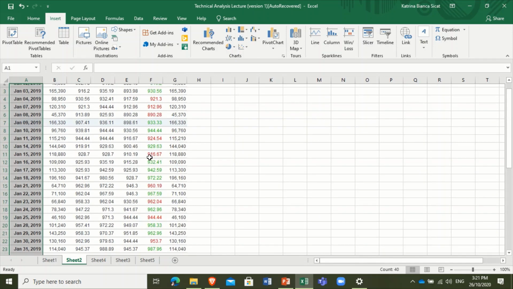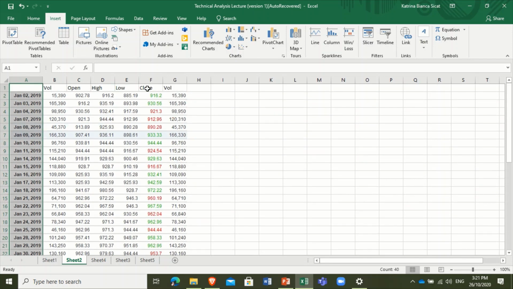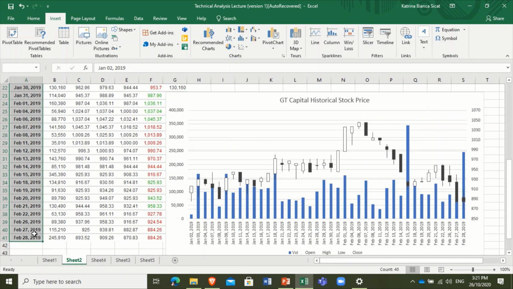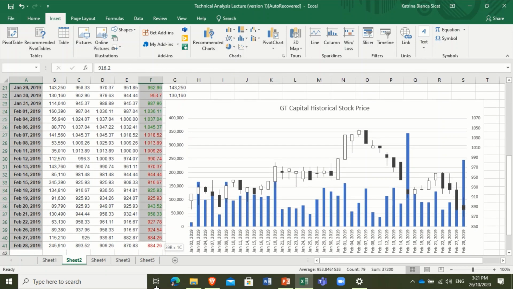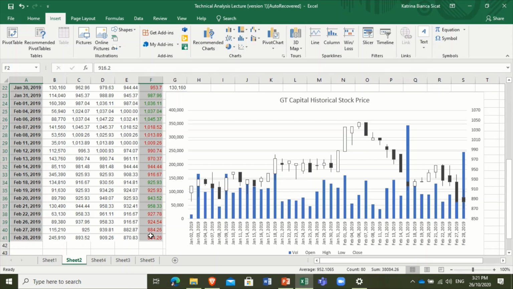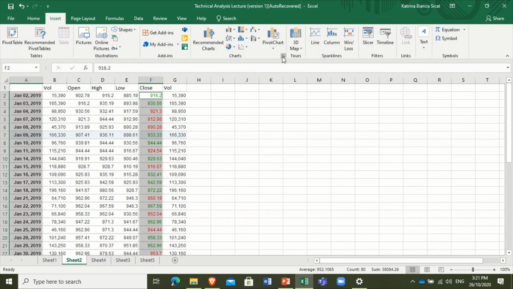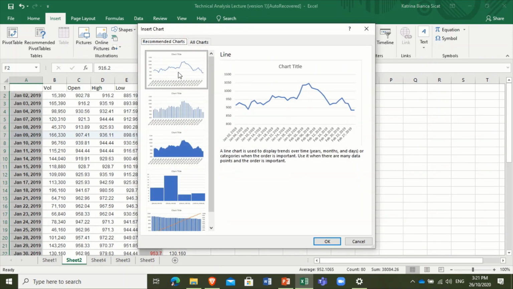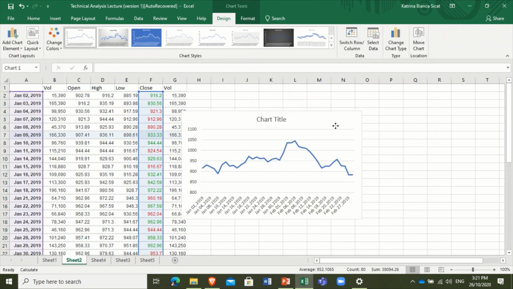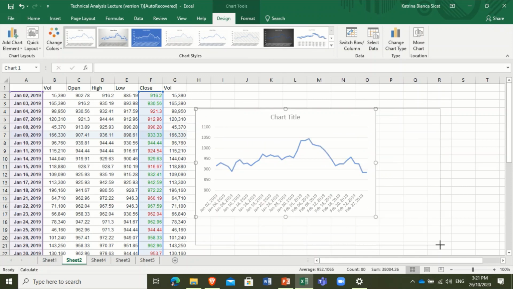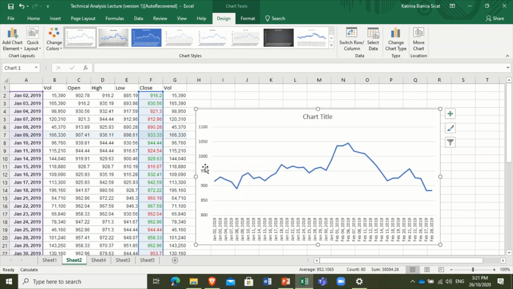Sige. So before I proceed with the next discussion, let me just teach you how to create a basic line chart. Remember, pag line chart, we're only taking into consideration the closing price of the stocks. So just simply highlight the date and of course the closing prices, and then just insert a basic line chart, and yeah, it goes show, and it looks like this, right? So ganun lang, napakasimple lang.